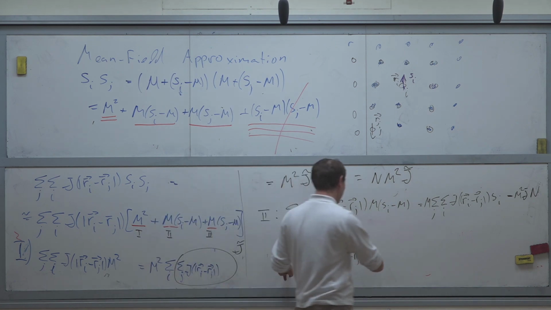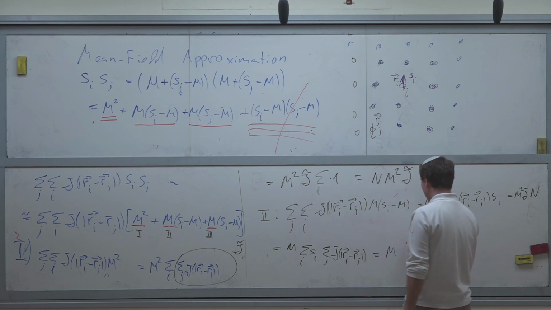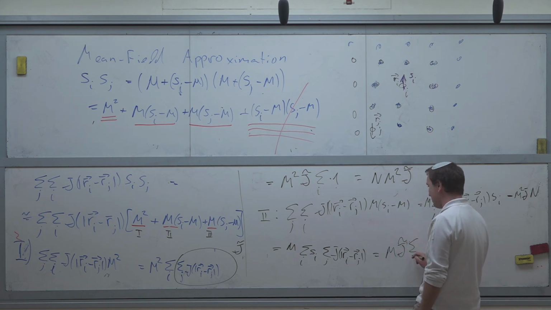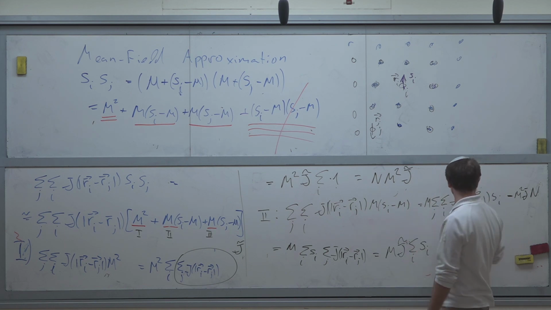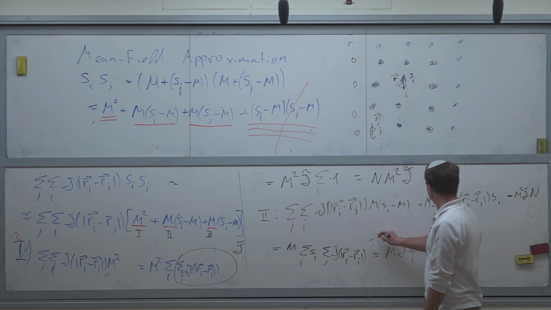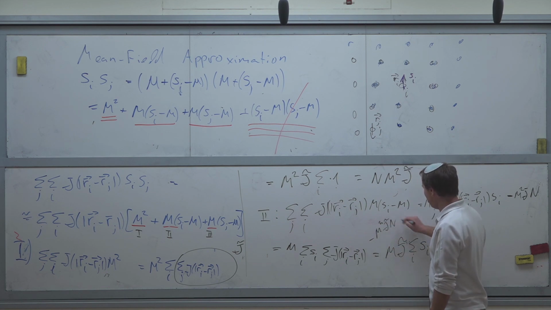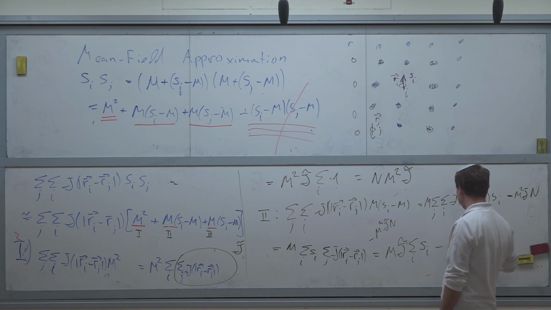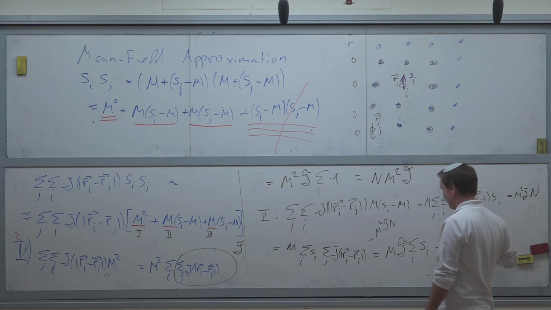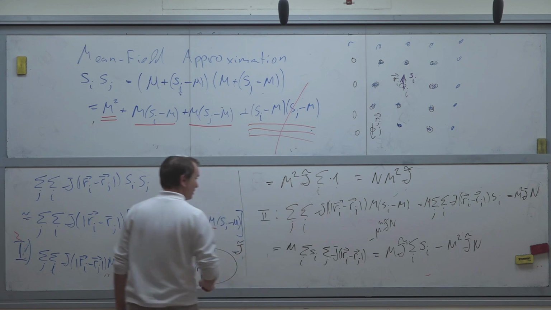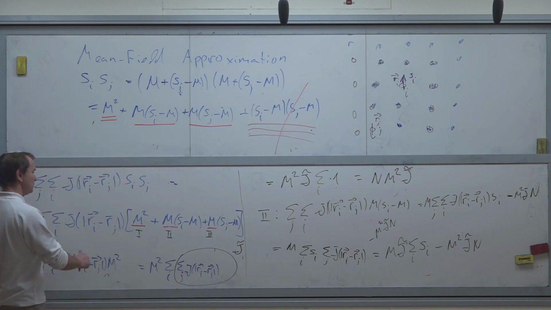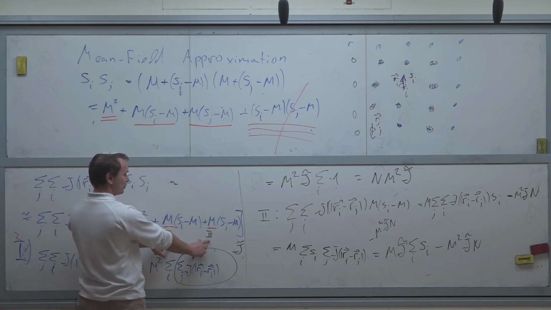So overall I have M J tilde, a sum over i, S_i, minus this term over here, minus M squared J tilde N, minus M squared J tilde N. Okay. Now, what is the difference between the second part and the third part?